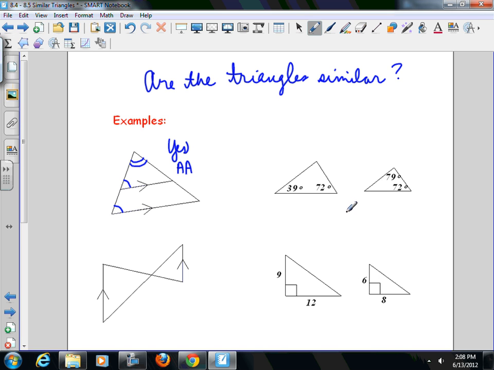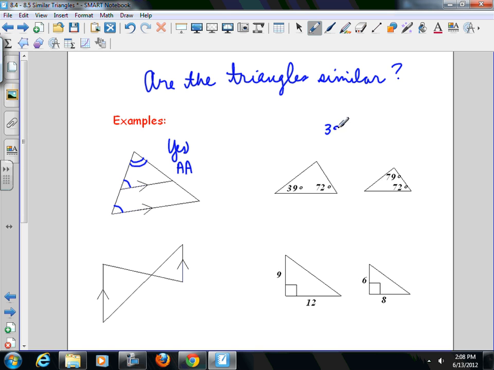Now next, we're given these two triangles. We know two angles in each triangle, and we know that the 72-degree angles are equal to each other. We don't know the third angles, but we can find out what the third angles are in each because the three angles of a triangle add up to 180.